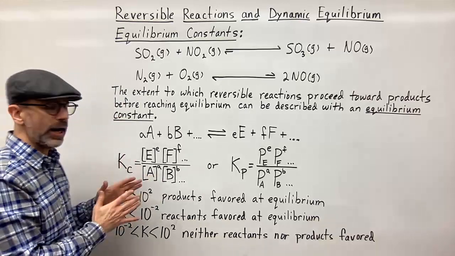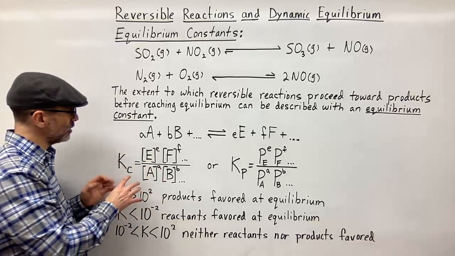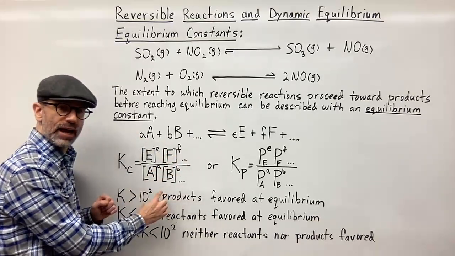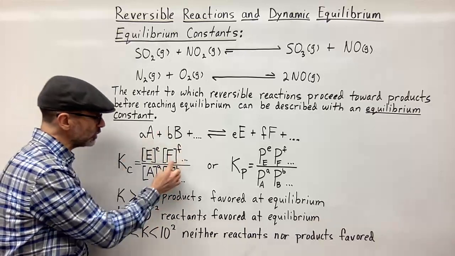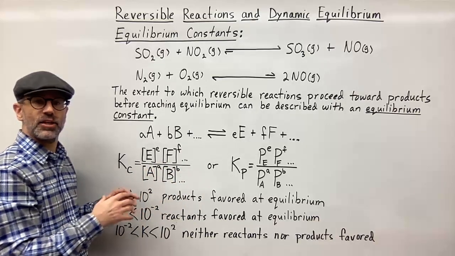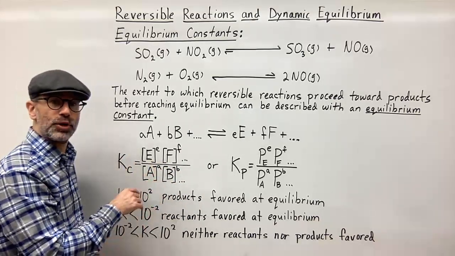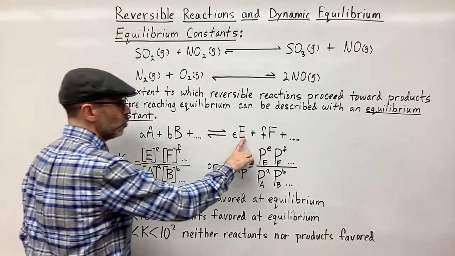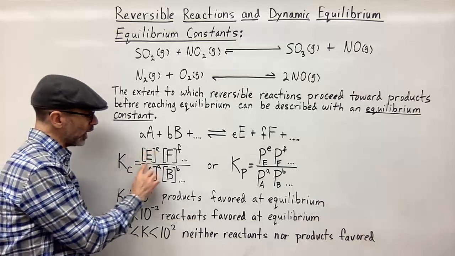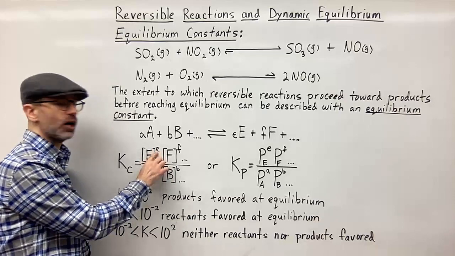And so to write your equilibrium constant expression, it's basically products over reactants. So concentration of products over concentration of reactants. That's the general way of putting it. But the specific way of putting it is that whatever products you have, you're going to take the concentration of those products raised to the power of their coefficients.